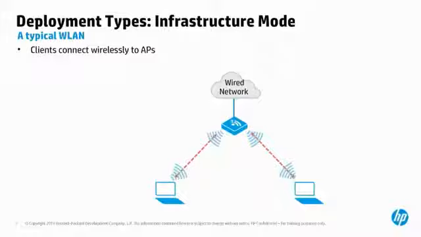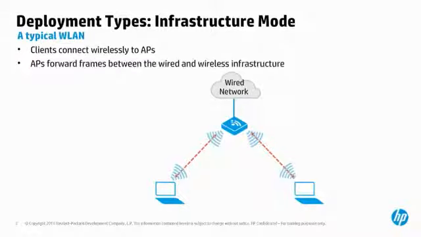As the interface between the wired and wireless network, the AP receives 802.11 wireless frames from an endpoint, converts them to an Ethernet frame format, and forwards it on to the wireless network. Ethernet frames are received by the AP, converted into 802.11 wireless frames, and transmitted to the appropriate wireless endpoint.